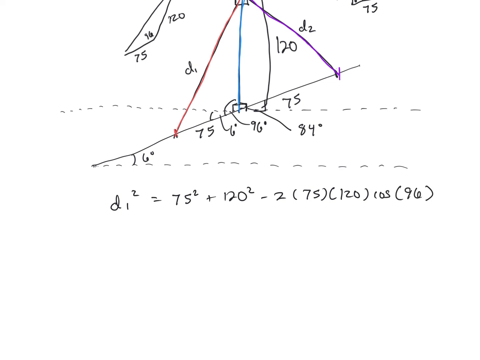Plug that all into my calculator, and I should get around 21,906.5. If I square root it, my first distance is 148.0 feet.